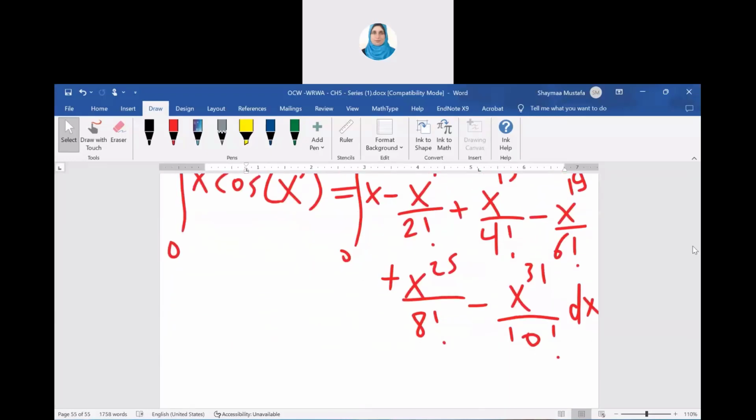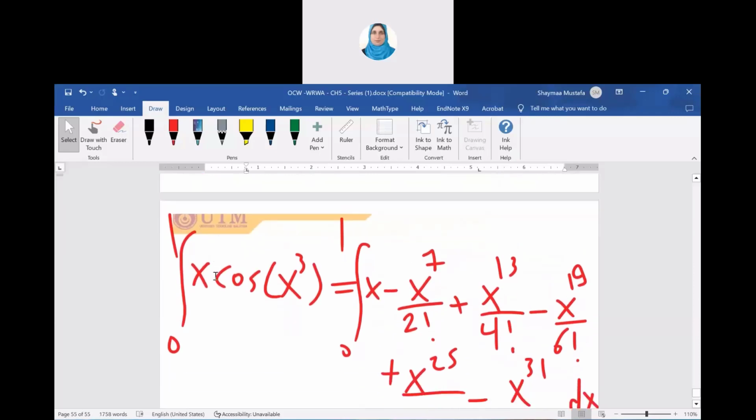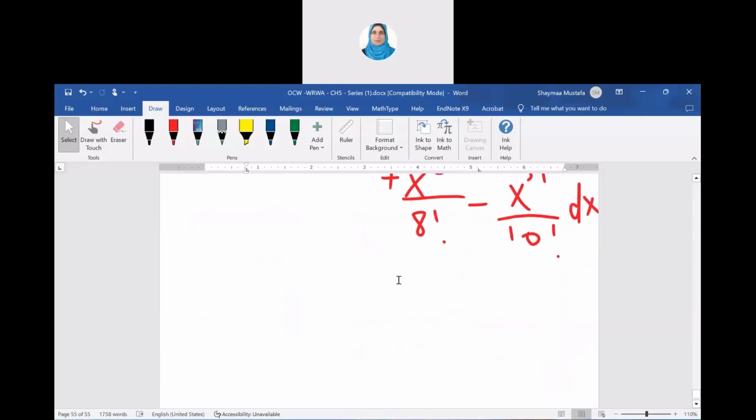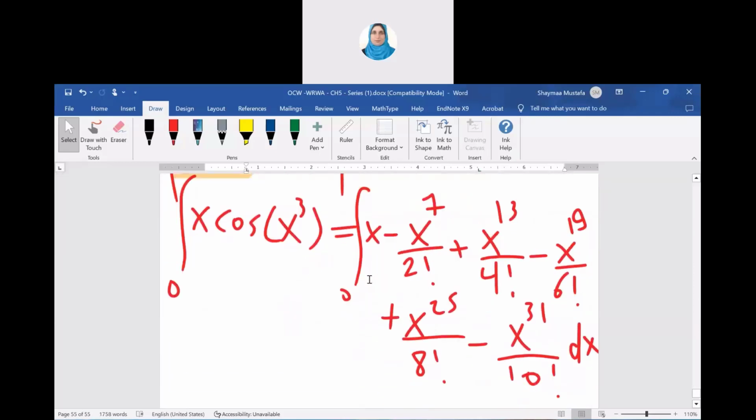And then you need to evaluate the integration from 0 to 1.